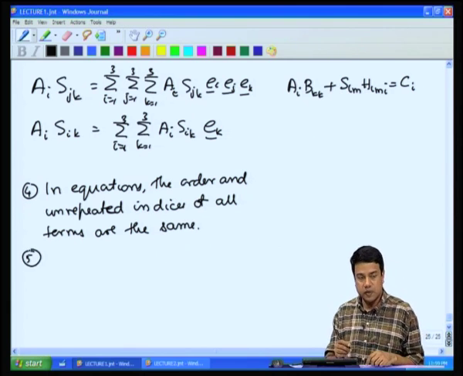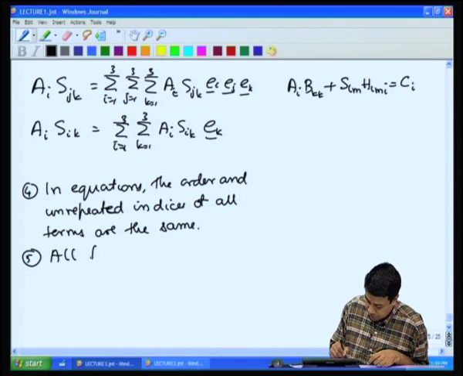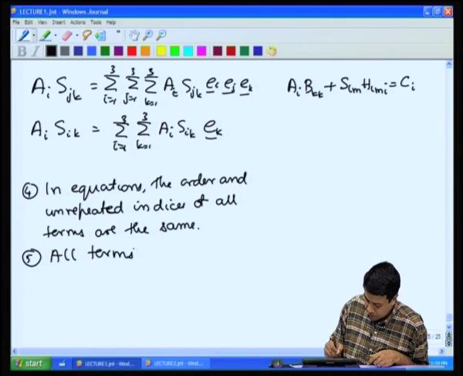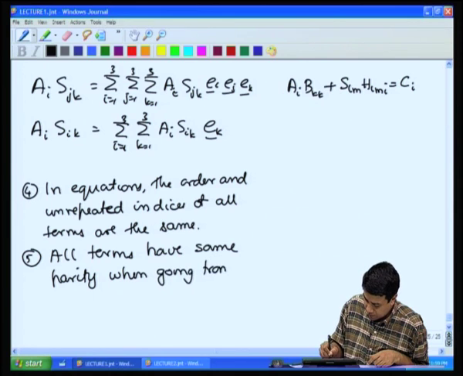And the other rule to remember is that all terms have the same parity when going from right to left handed coordinate system.